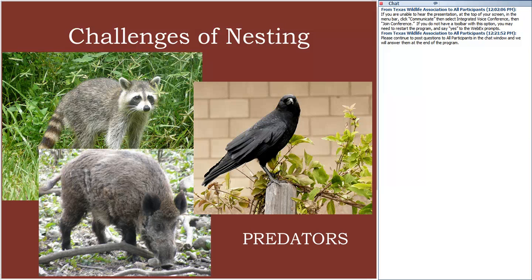I've got some pictures of some very common nest predators here, including raccoons, feral hogs, and corvids like crows and ravens. The list also includes foxes, bobcats, rodents, even things like wild turkeys. So it is a long list for sure. And predators account for about 84% of nest failures. So these are the expected, naturally occurring, and quite high rates of nest predation.